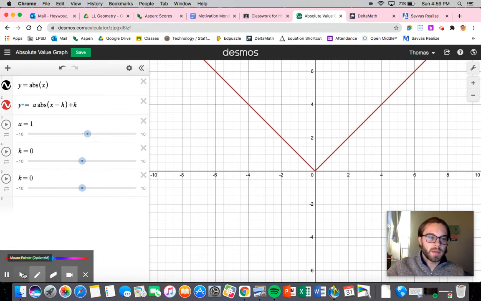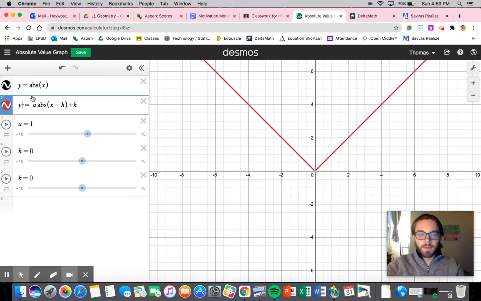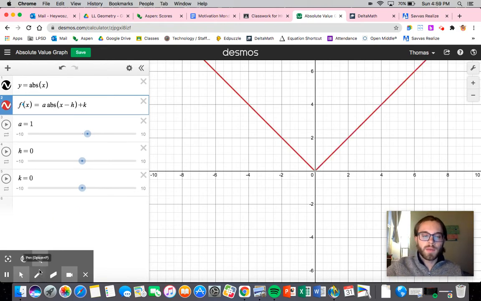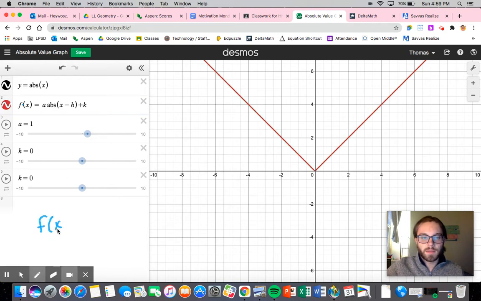You know what, why am I doing it that way? Let me rewrite that. Let me just make sure that we're aware, f of x. There we go. Okay, so what we have here written down is f of x equals a times the absolute value of x minus h plus k.